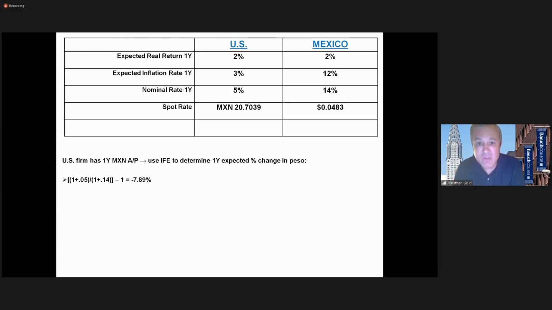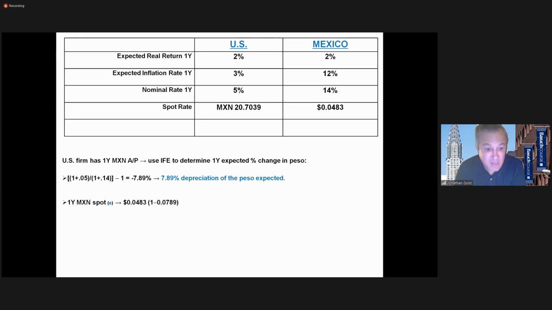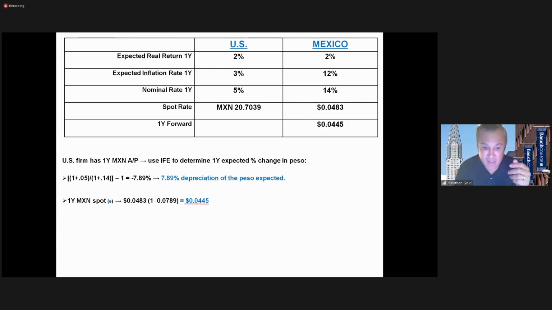We expect that the peso is going to depreciate against the dollar by 7.89% over the course of the next year. So then we just say the expected spot rate is what it is today, 0.0483 times less the 7.89% gives us 0.0445 is what we expect it to be in 1 year based upon the Fisher effect. So any questions here?